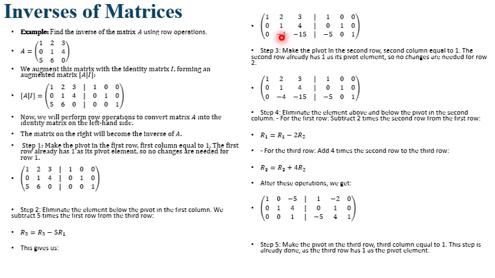We can say, of course, that row 3 equals row 3 plus 4 multiplied by row 2. So row 2 in this case will be the pivot, so you won't change anything on row 2. That is what we want to do to transform this to become 0.